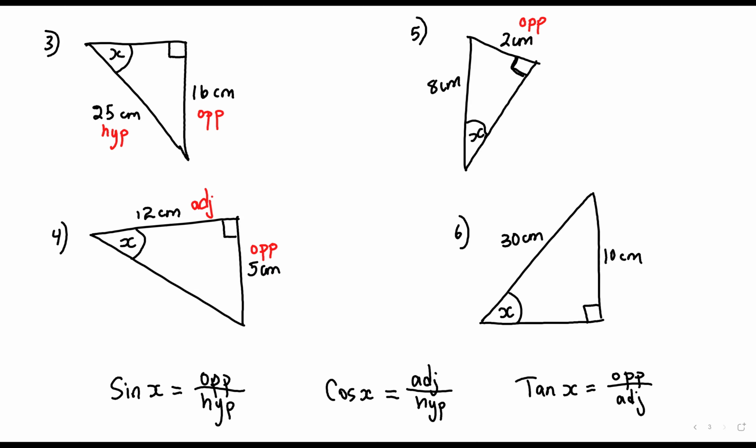And then the hypotenuse will be 8 centimeters since it's opposite the right angle. And finally, in question 6 here, the opposite side is 10 centimeters because it's opposite the angle of reference. And the side with 30 centimeters will be the hypotenuse since it is opposite the right angle.